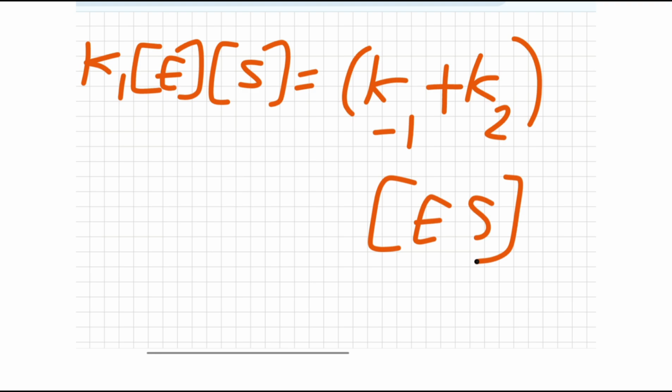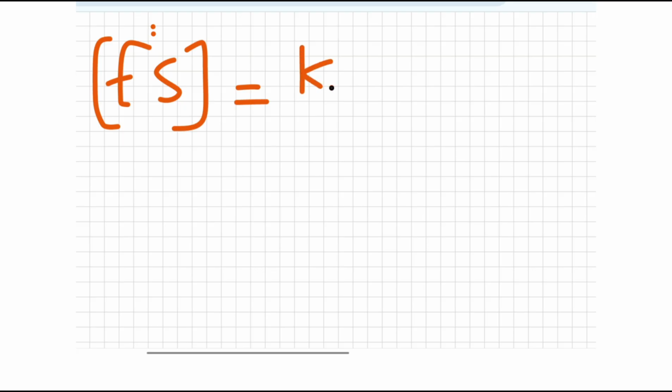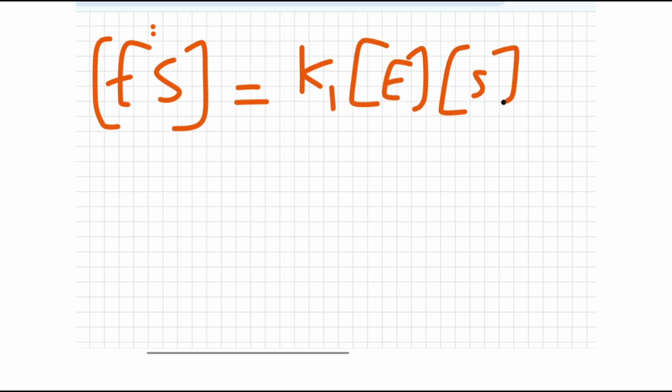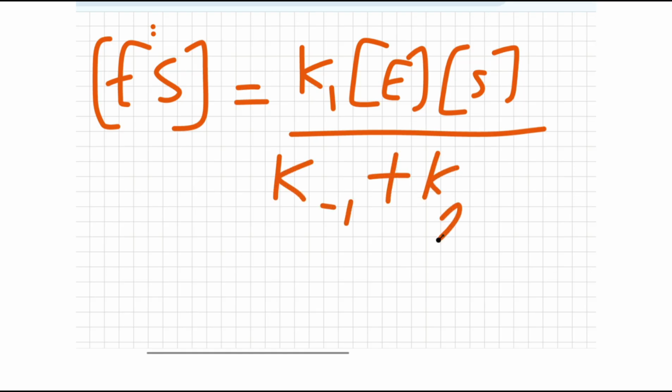Now let's solve for enzyme-substrate. ES equals K1 times enzyme times substrate upon K minus 1 plus K2. This is the equation for that.